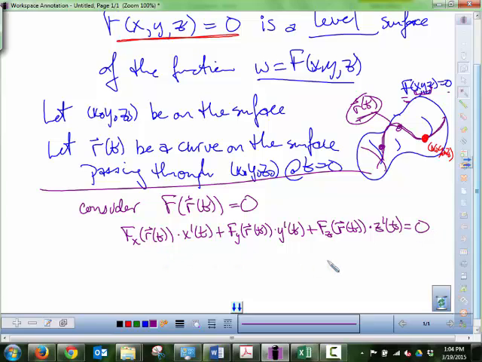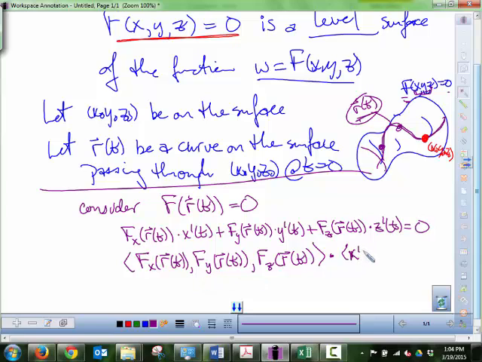Hey, look, doesn't this look like a dot product? If we peel this apart as a dot product of two vectors, the first vector would be f_x, f_y, and f_z. The second vector would be x prime, y prime, and z prime.